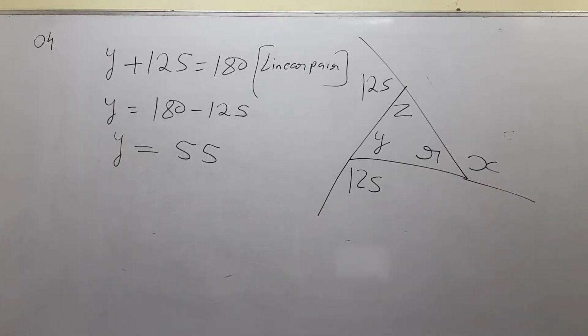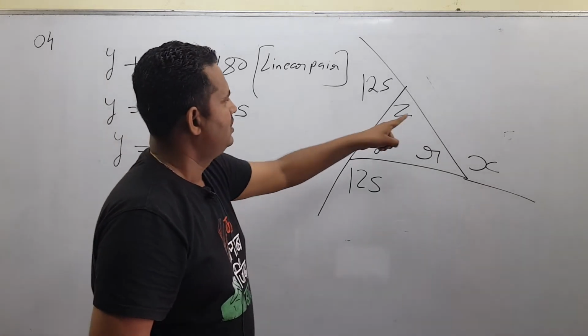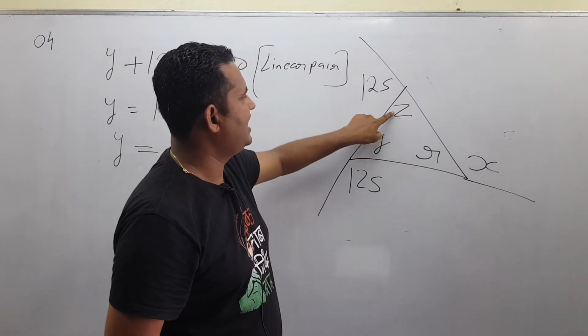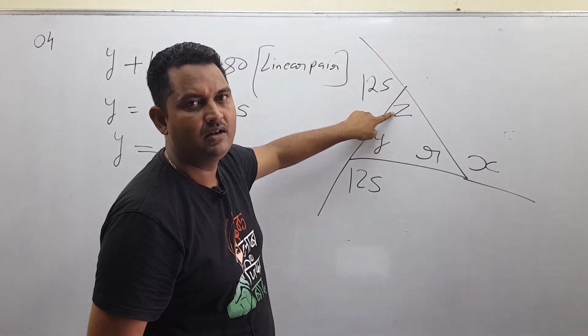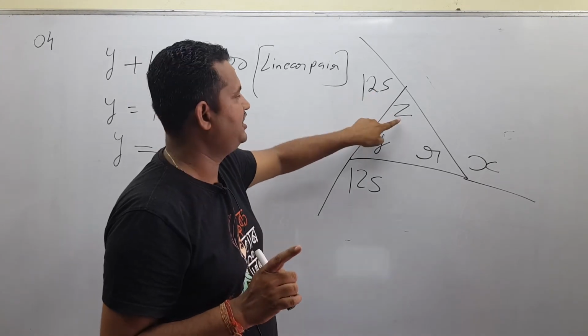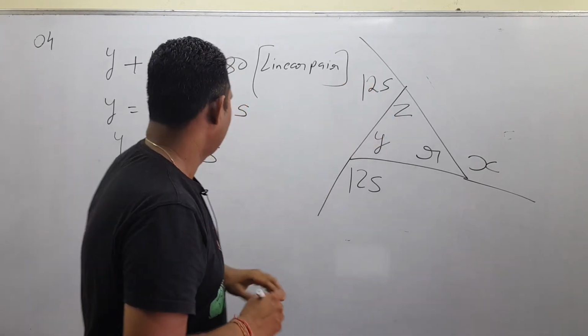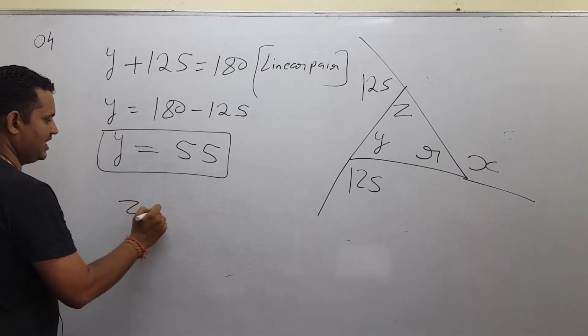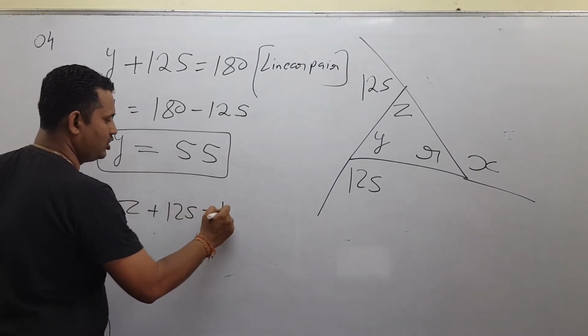Now similarly, this is a straight line. This z is the interior angle, and this 125 is the exterior angle. Z plus 125 is equal to 180.